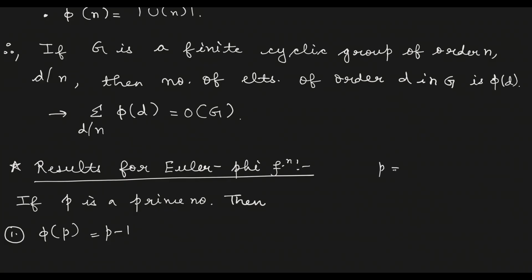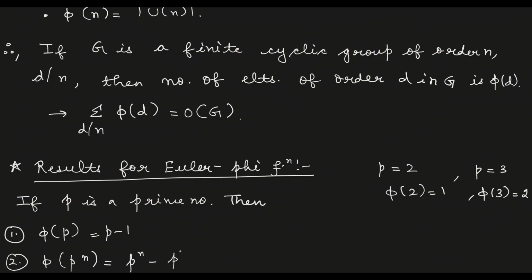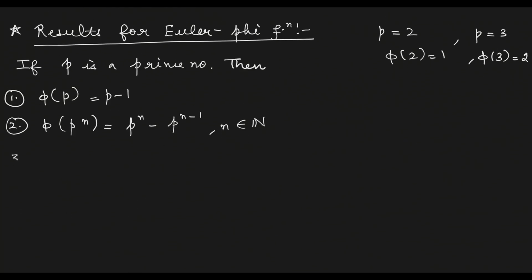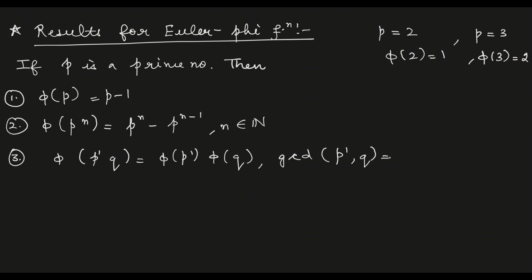Means 2 is a prime number, phi 2 is simply 1; 3 is a prime number, phi 3 is 3 minus 1, 2. Second, phi p to the power n is p to the power n minus p to the power n minus 1, where n belongs to natural numbers. Third, phi of p dash q is phi p dash into phi q, provided GCD of p dash and q is 1.